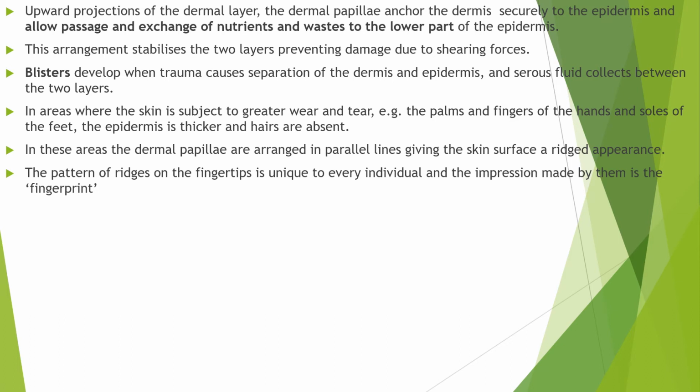Whenever you get burnt, maybe by cooking oil or water or a chemical, you've heard of something called a blister. A blister develops when the trauma causes separation of the dermis and epidermis, and then serous fluid collects between the two layers.